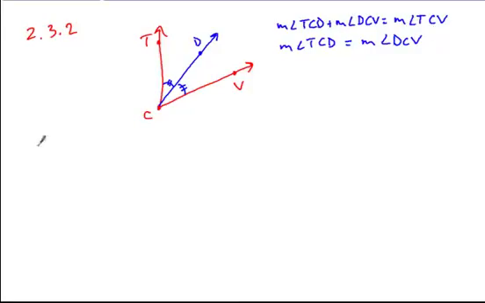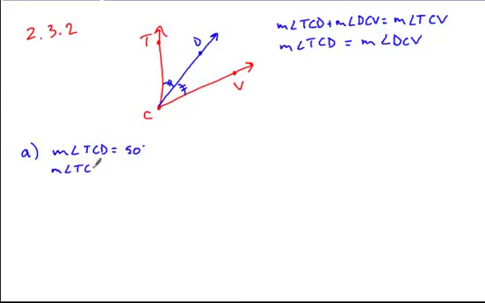And so now when we go through to solve, if we were told that angle TCD was equal to 50 degrees, and we wanted to find angle TCV: TCD is half of the whole measure.